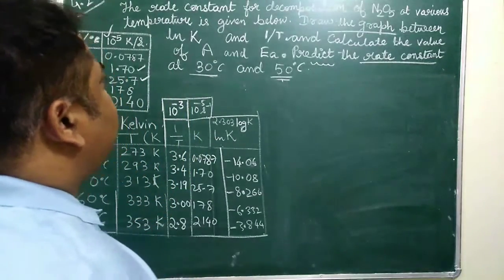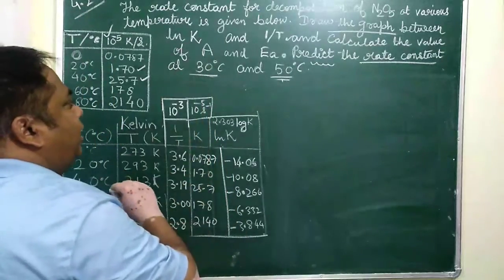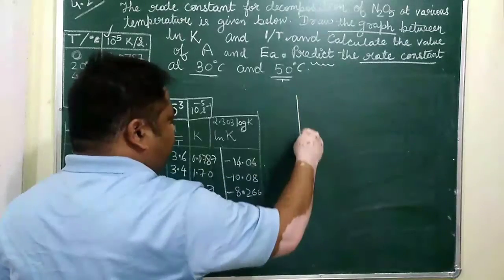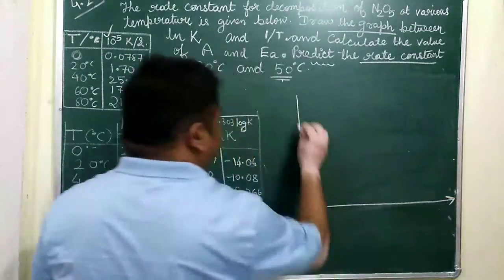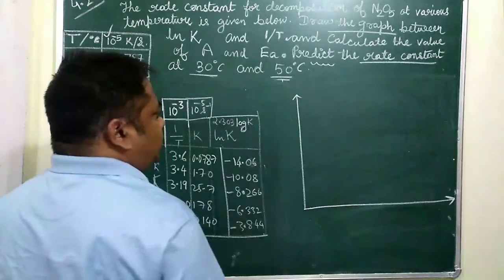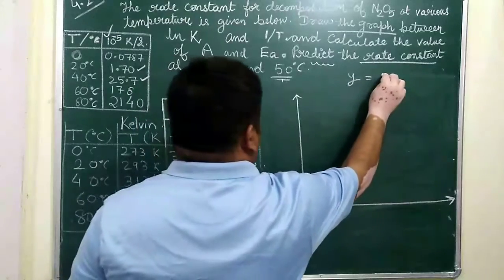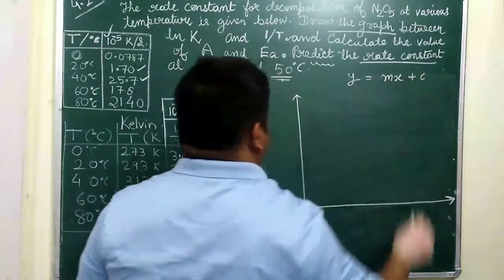We have been asked to draw the graph between ln k and 1 by T. So let us take the y-axis and x-axis like this. Now for any straight line, we know that y is equal to mx plus c, where c is a constant.